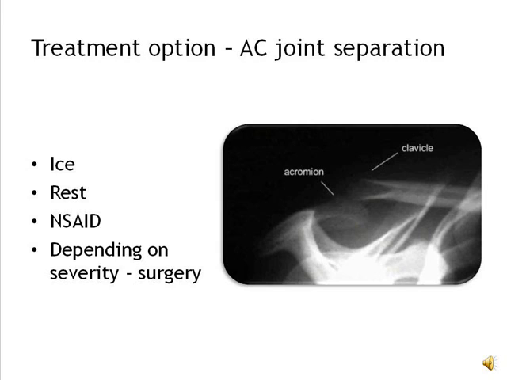Treatment options for AC joint separation. Treatment of the shoulder separation is based on severity of the injury as well as the direction of the separation and the physical requirements of the patient. Less severe shoulder separations are usually treated without surgery.